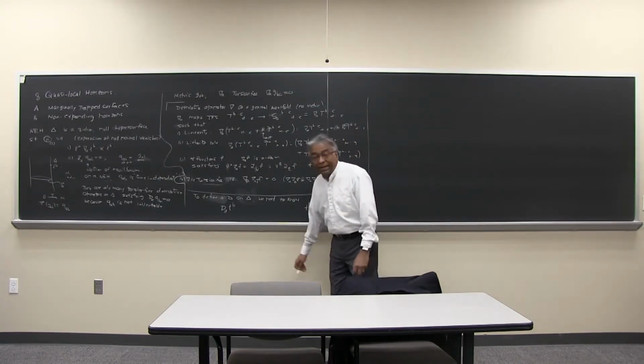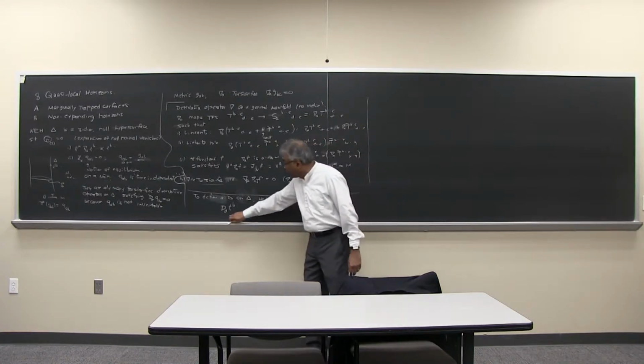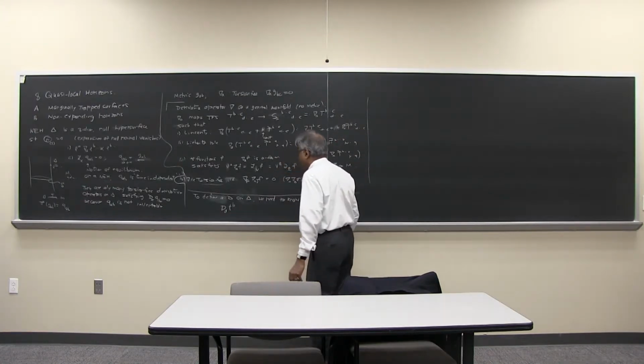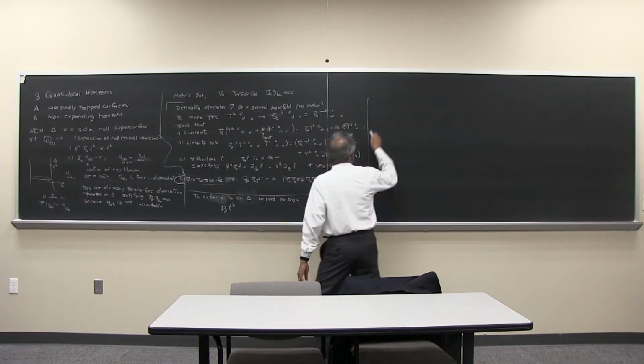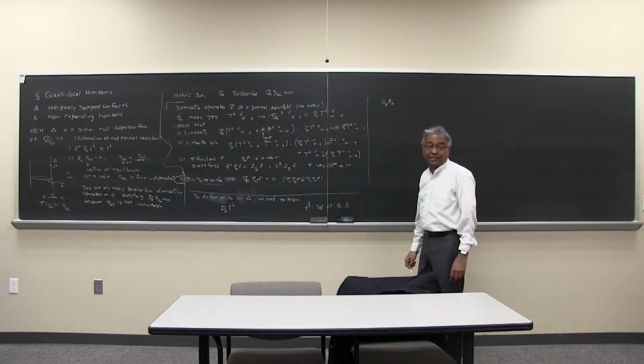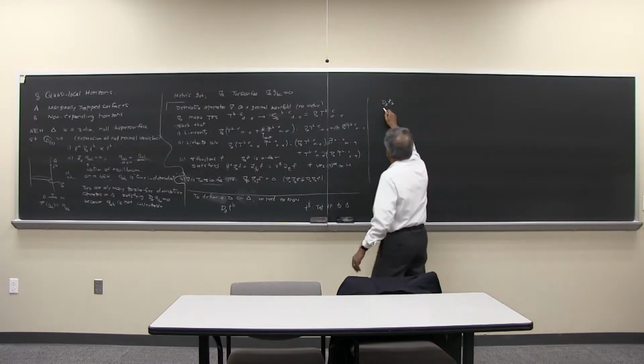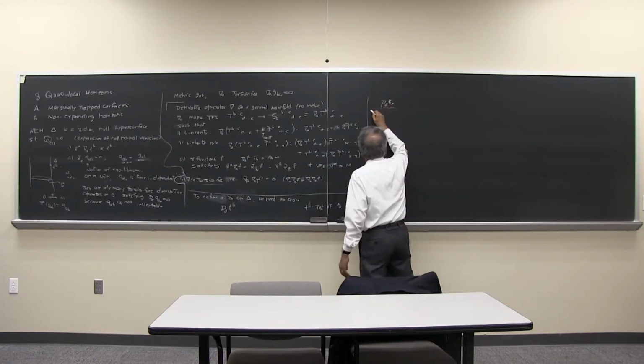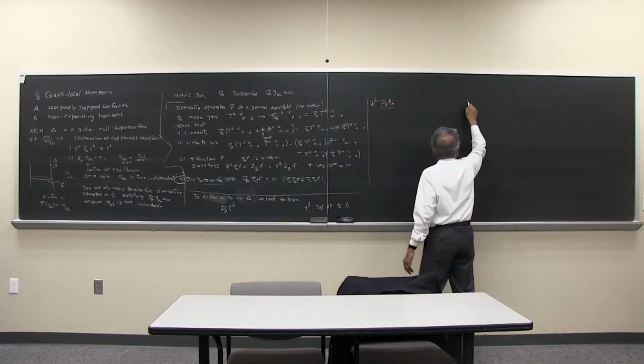Right? Why am I done if I tell you that? Because if I know the action on the tangent vector field, and I want to know the action on a cotangent vector field, I would like to know what this is. Well, that is very easy, because to know this is the same as saying that I should know what this is for all T.